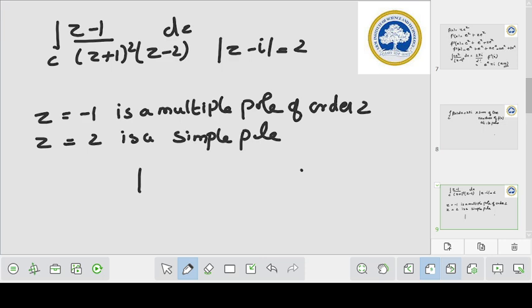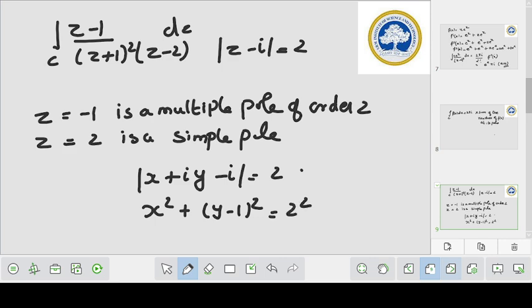And here, by putting z equal to x plus i y, modulus of z minus i equal to 2, it is a circle with center (0, 1) and radius 2.